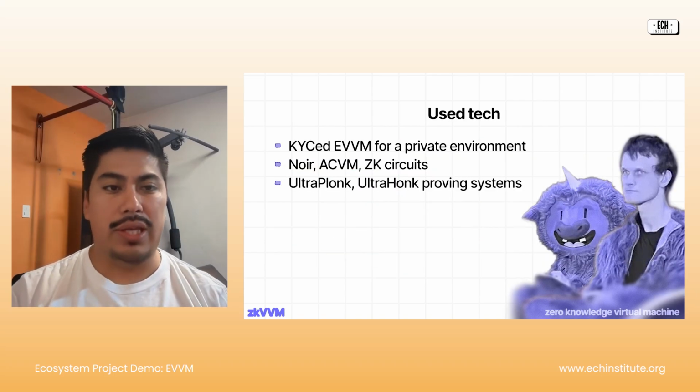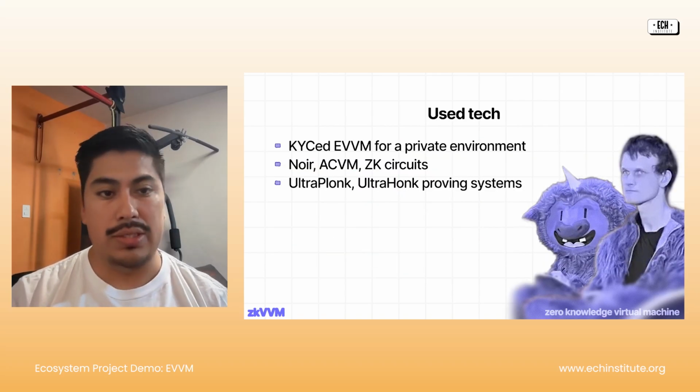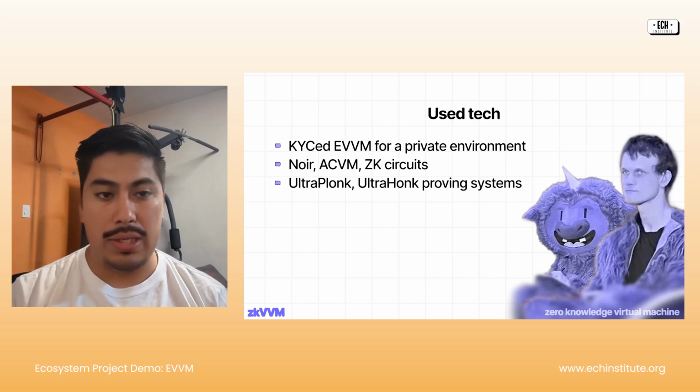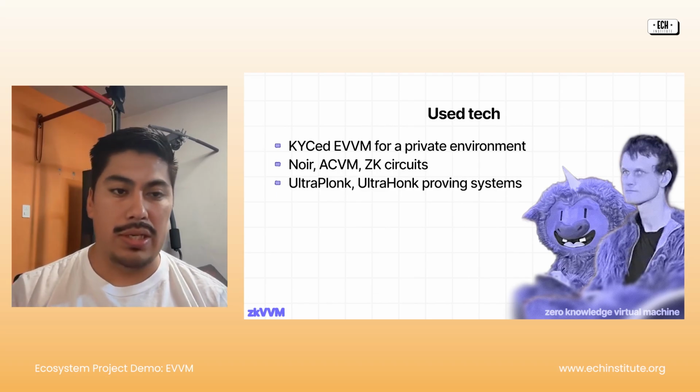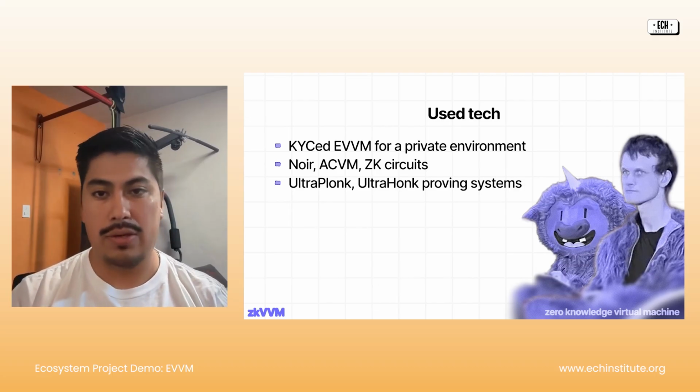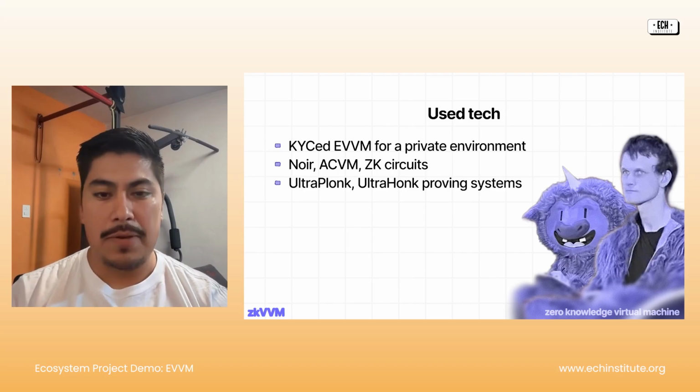The tech we are using is the KYC module for the EVVM. We are using Noir to generate the ZK circuits, with verifiers generated with the UltraPlonk and UltraHonk proving systems, and also fully homomorphic encryption, which is not shown here, but we are also using it.